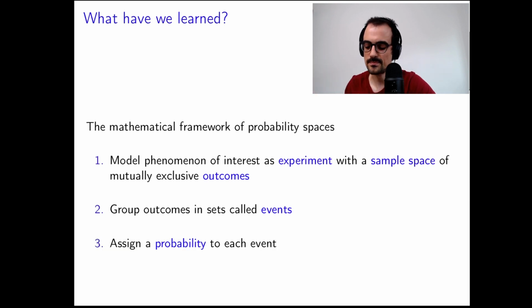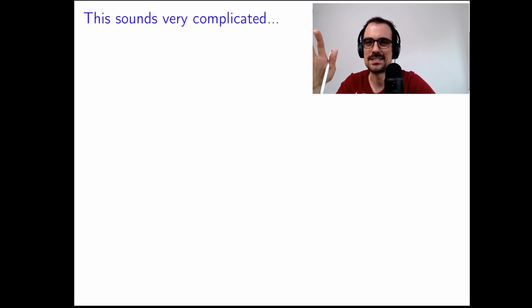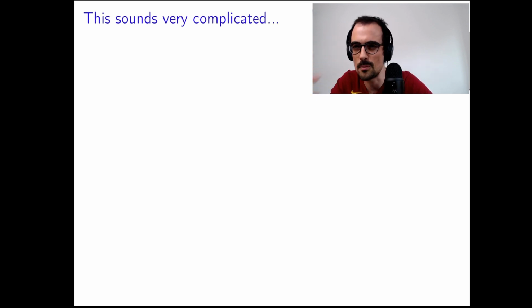And that's it. Of course, I'm saying that's it, but as I was going through the example, it gets really, really complicated to actually define a probability space to model a particular phenomenon in detail so that the probabilities are consistent and so on. And the truth is that we almost never do it.